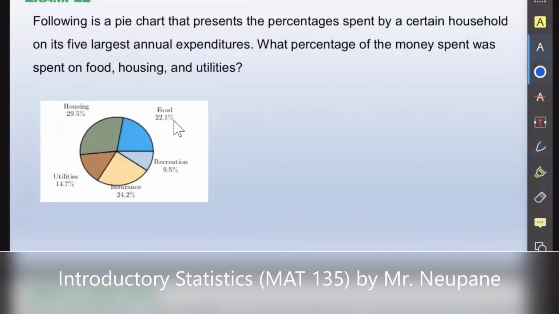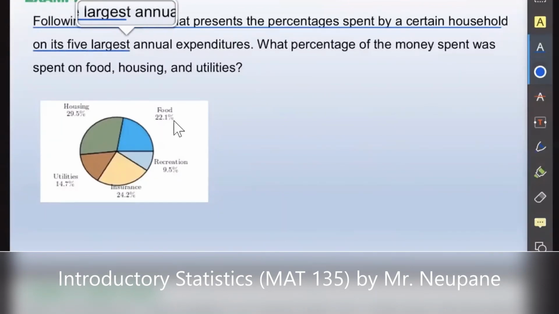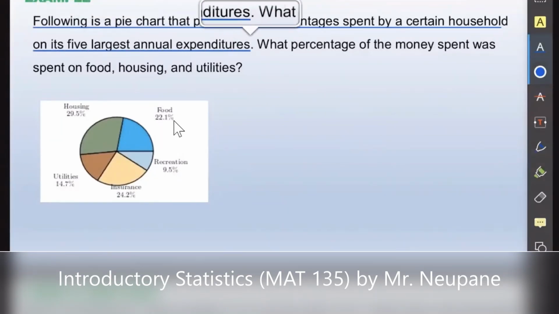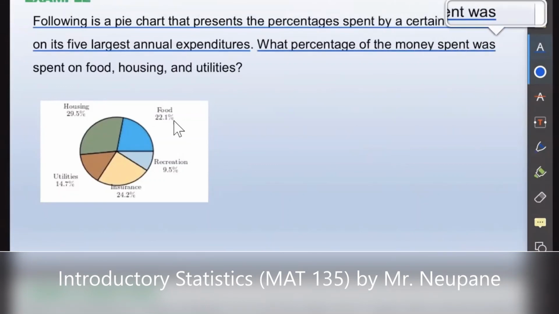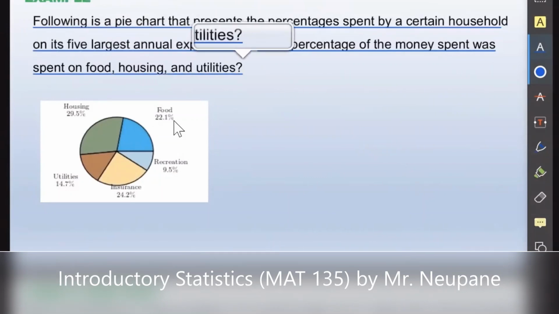And the question here is, the following pie chart presents the percentage spent by a certain household on its 5 largest annual expenditures, like food, housing, utilities, and insurance. The question is, what percent of money spent was spent on food, housing, and utilities?